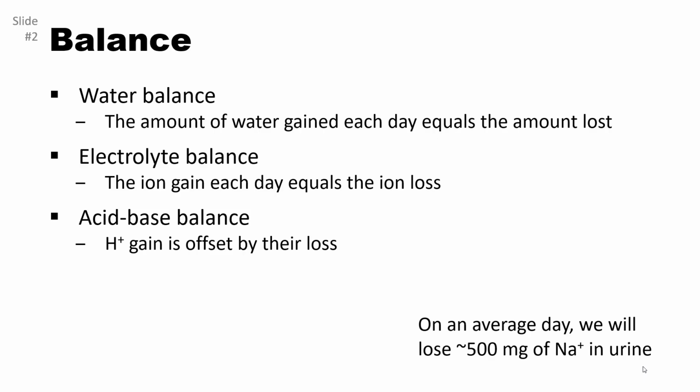Now, remember, acid-base balance refers to hydrogen and hydroxide ions. pH is the measure of free hydrogen ions in solution. If the pH gets too high, too basic, or the pH gets too low, acidic, this can denature proteins, including the proteins that make up the enzymes and the structural proteins of the cells and tissues.